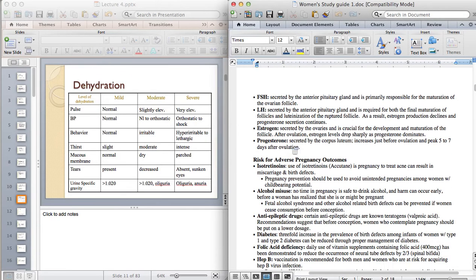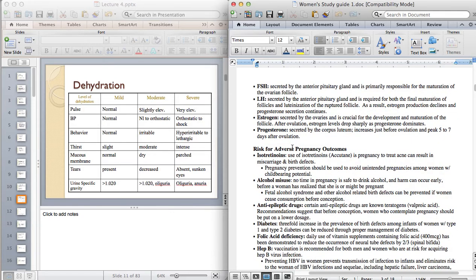Heart rate, pulse rate is still within normal limits. Blood pressure is still within normal limits. Child is still acting the way they do, it's really not too much. Mucous membrane, you may still notice a slight change. But when you look at the urine specific gravity, you may start seeing a little bit of change.